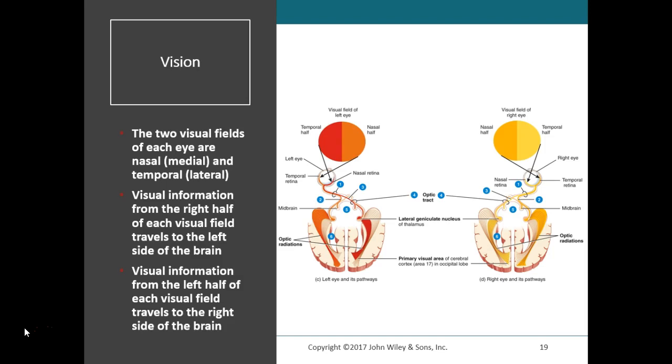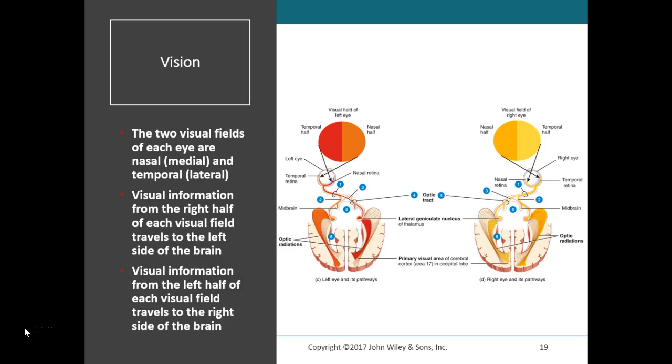Where that happens, some of the axons cross over to the opposite side of the brain, but others remain uncrossed. So from the left eyeball, some of the fibers cross over and go to the right side of the brain, but some continue back to the occipital lobe of the same side of the brain.